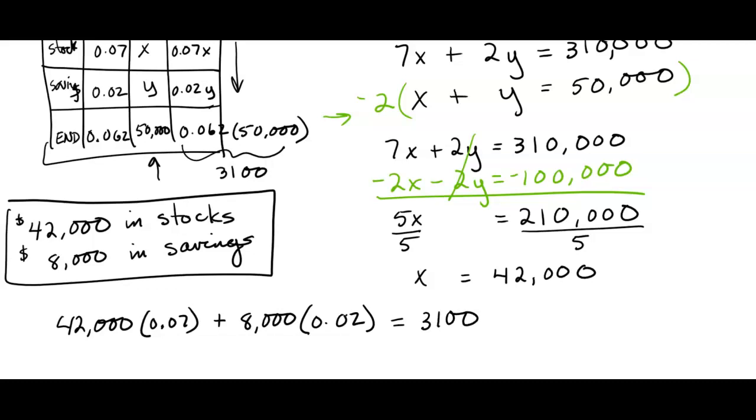So we can just check that real quick on our calculator. These nice calculators will let you type that all in. So I have 42,000 times 0.07 plus 8,000 times 0.02. Yep, that's 3,100. Okay, so it checks.